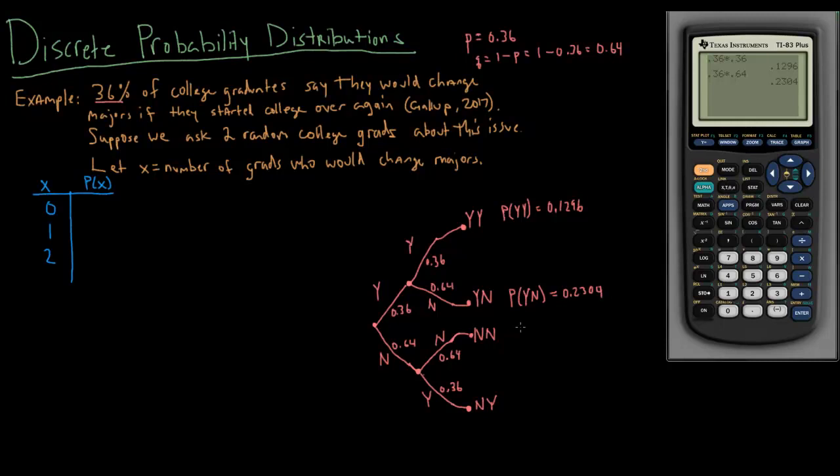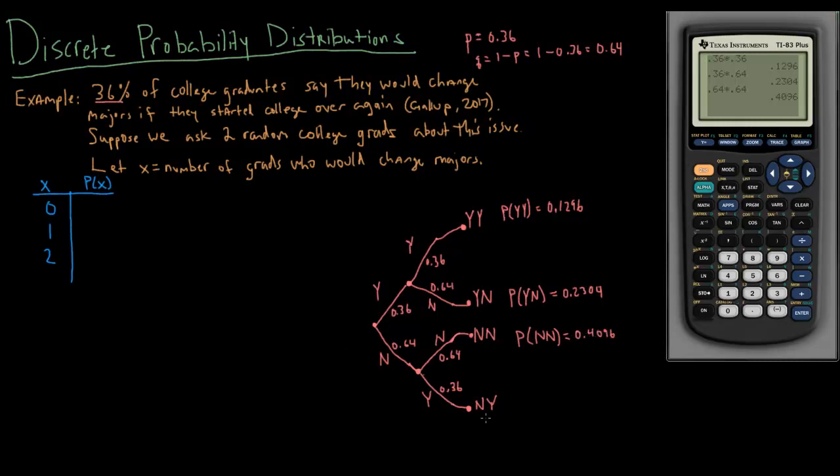Now, I hope you could probably assume that the probability, oh, sorry, I'm out of order here. Next, we have the probability of no, then no. That is, both people like their major and wouldn't change. Well, it's 0.64 times 0.64. Again, we're just multiplying probabilities because those events are independent. And we get 0.4096.